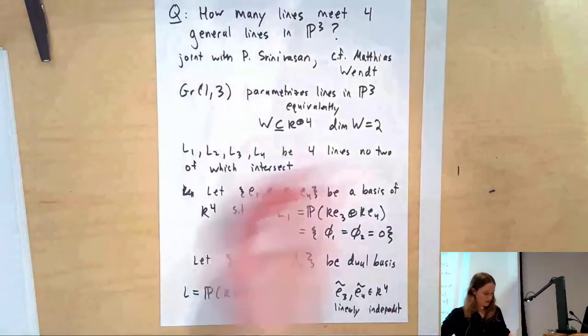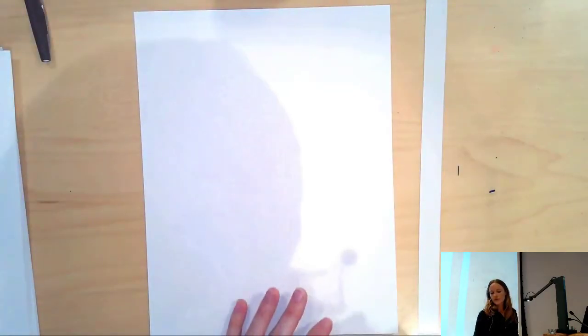If we wrote out E3 twiddle and E4 twiddle in terms of E1, E2, E3, and E4, we need to find some combination so that the coefficients of E1 and E2 vanish.